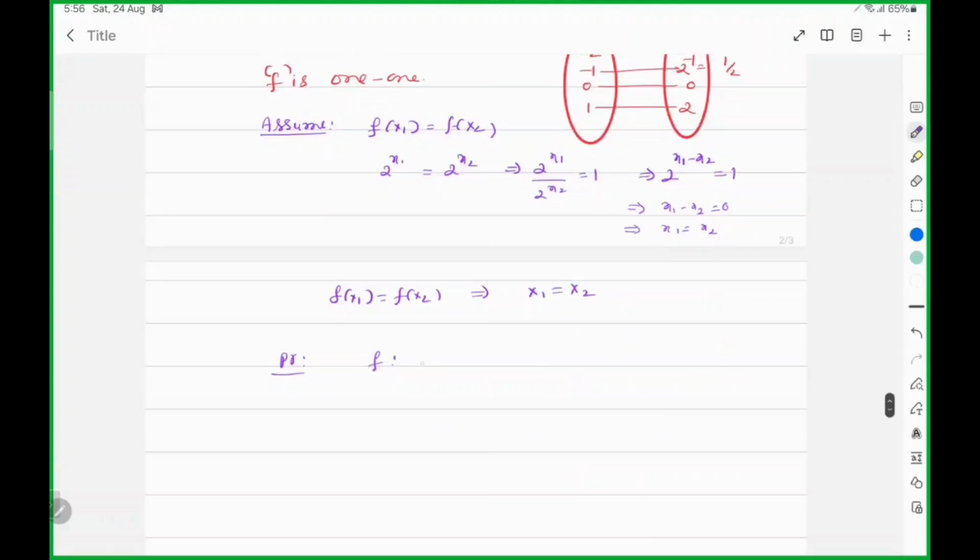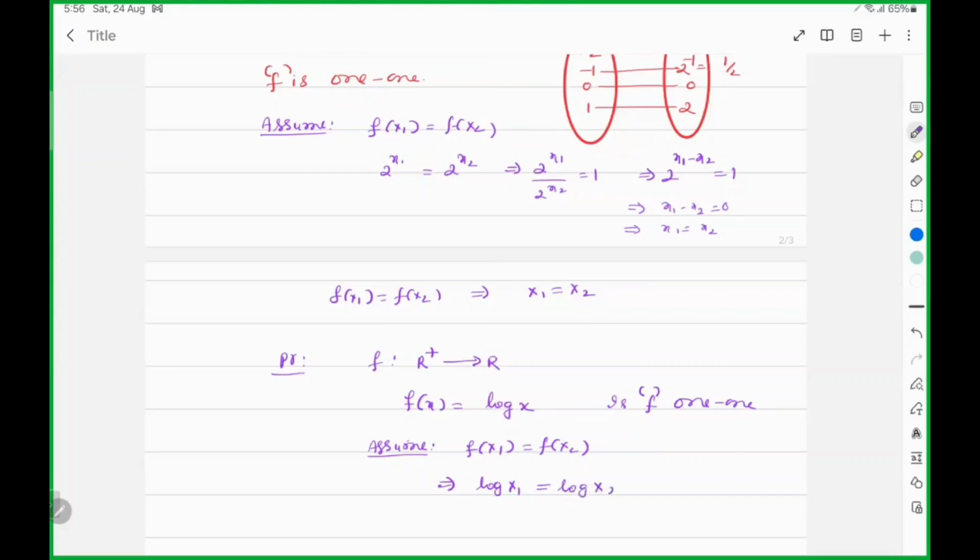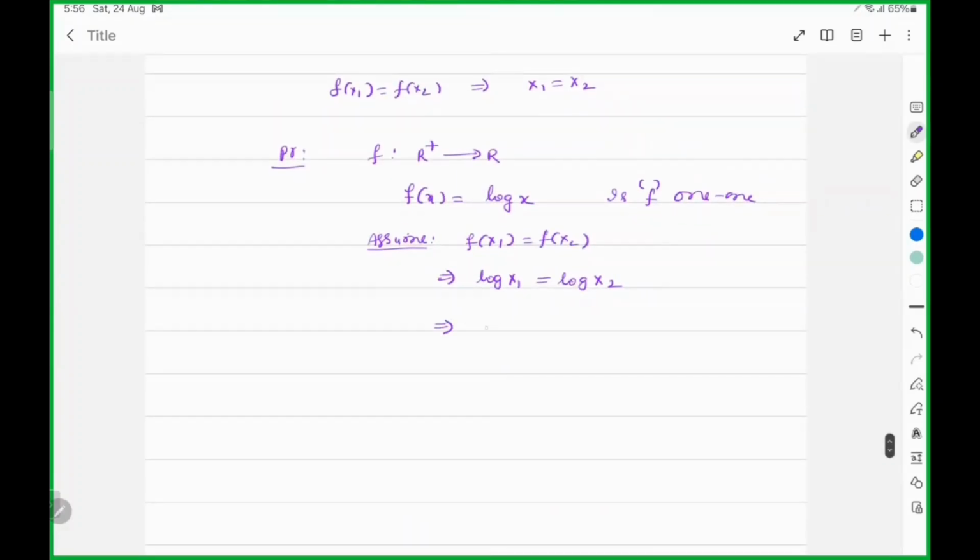Another function: f maps from R plus to R. I define f of x as log x. Is f one-one? We assume f of x1 is equal to f of x2. This is our assumption. Log x1 is log x2. We have to conclude that x1 is x2.